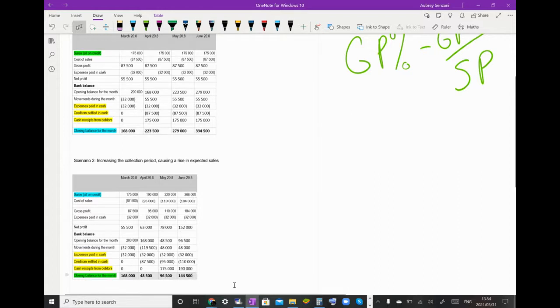But the fact of the matter is it's still positive. So if it's still positive, they can still take on the risk. They can justify taking on the risk of extending the period for which debtors have to pay us back. Okay, cool.